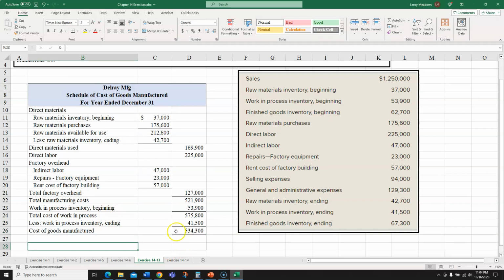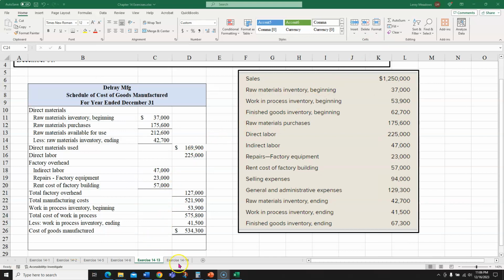That is my final number. And if I want to be a perfectionist, I'll put my dollar signs here. Now, why did I put all of these here in one column and then put the total on the left? Because these are just different amounts that we're subtotaling and then putting it in here when we get the final number.